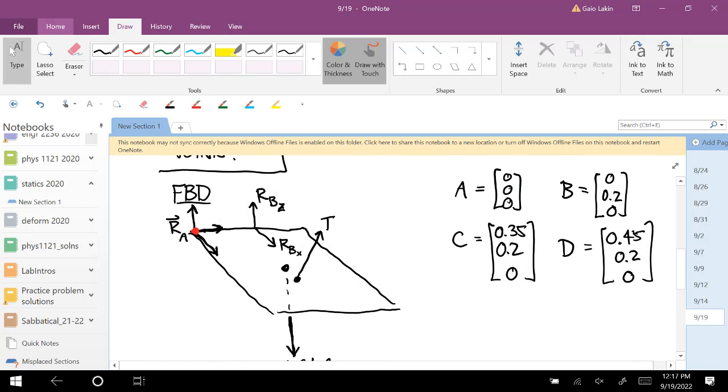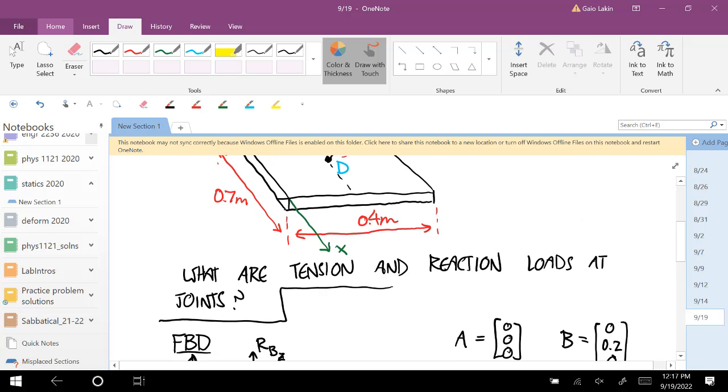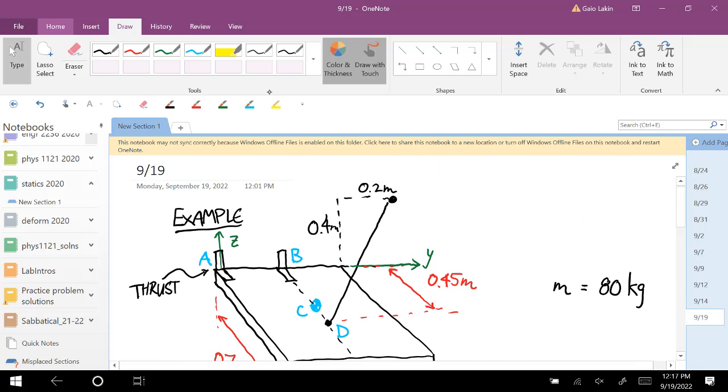What we want is a force with a magnitude of T in the direction pointing from D towards the spot on the wall. Oh, and I didn't name that. I guess let's call that E. So going from the point D to the point E. You with me on that cable force? Sometimes it's a little hard to picture these in 3D.